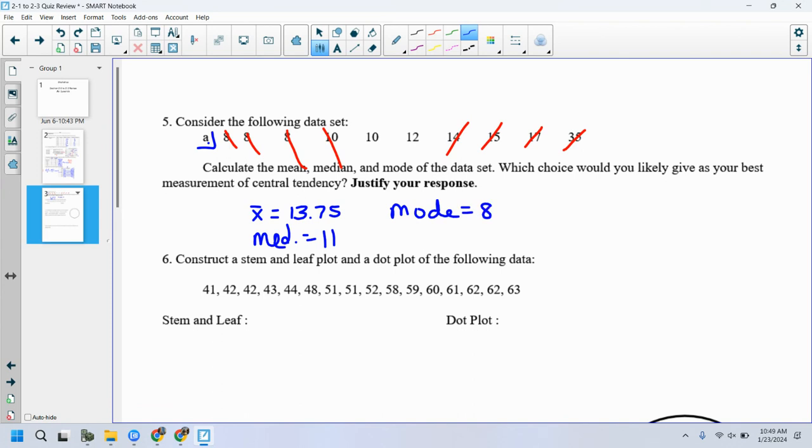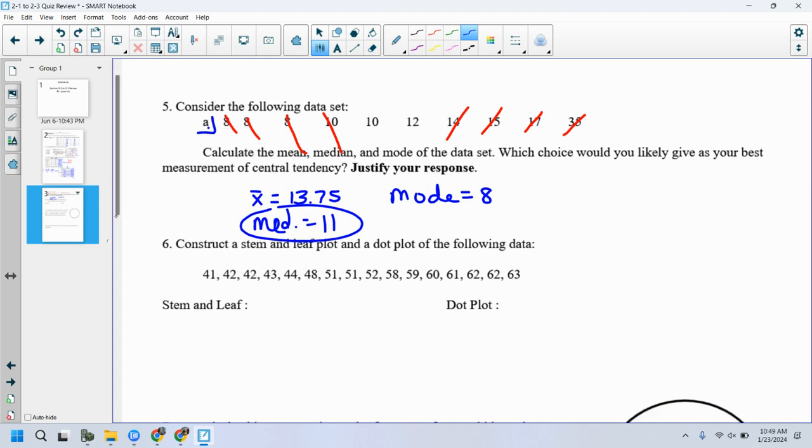Okay, what's the best measure of central tendency to use? Median. Why? There's an outlier. You notice the 35 is skewing the data, right? So if there's an outlier skewing the data, the best one to use is the median. The mean is getting pulled by that outlier, so use the median.